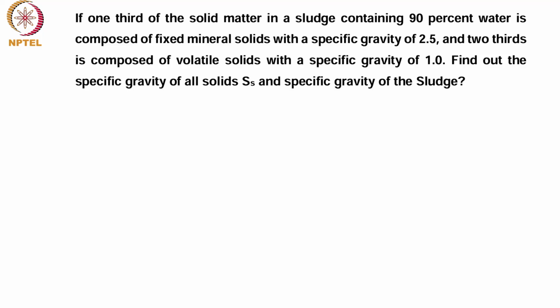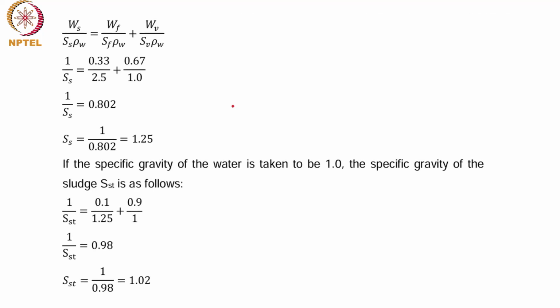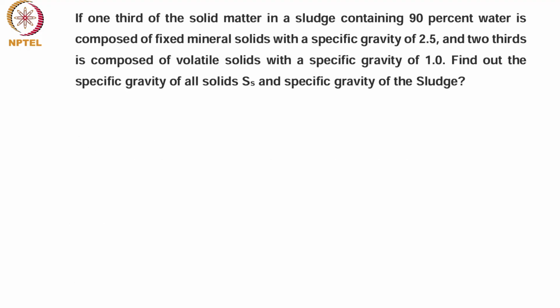One minute, let me check the answer. 1 by 3 divided by 2.5 plus 2 divided by 3, invert: 1.25. Yes, it's 1.25. So specific gravity of solids equals 1.25.